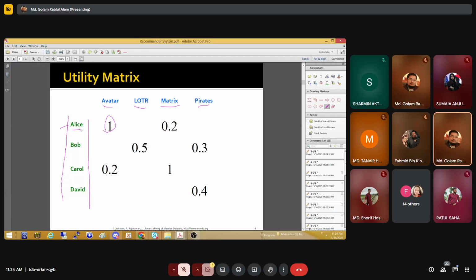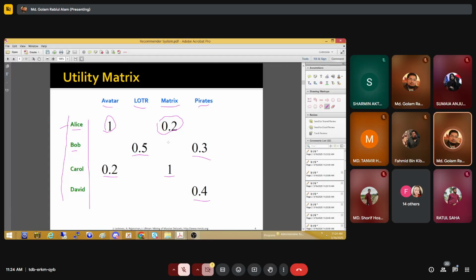Alice's rating for Matrix is 0.2. Bob rates LOTR 0.5, and Bob rates Pirates 0.3. Similarly, Carol rates Avatar 0.2, and Carol's Matrix rating is 1. David's Pirates rating is 0.4. So these are the ratings.